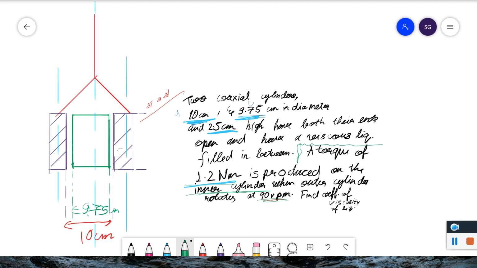So see, this is a cylinder. This is cylinder 1. Let's say the red one is also a cylinder and the green one is a cylinder, and the red cylinder has a diameter of 10 centimeter and 9.75 centimeter.